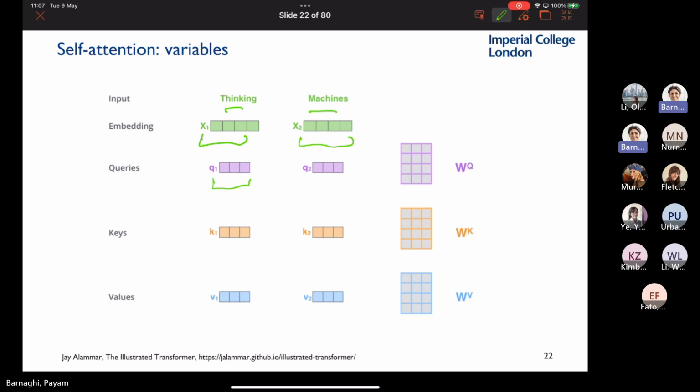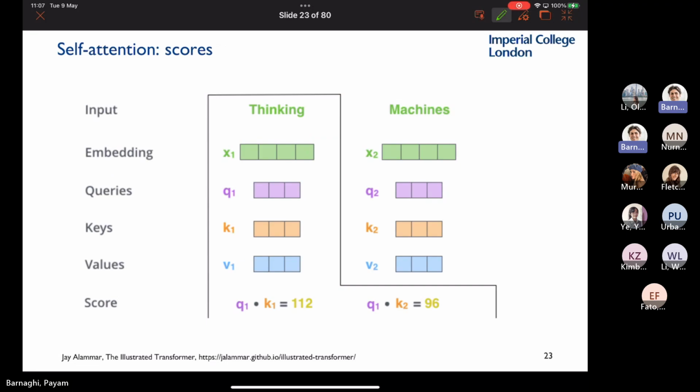You create queries, keys, and values, each of them becomes a matrix, and I'm showing the matrix multiplication. We first create the embedding, then create queries, keys, and values. We apply queries and keys, we get the self-attention between the two words, and then we use that self-attention to calculate how different words are correlated to each other. Make sense?